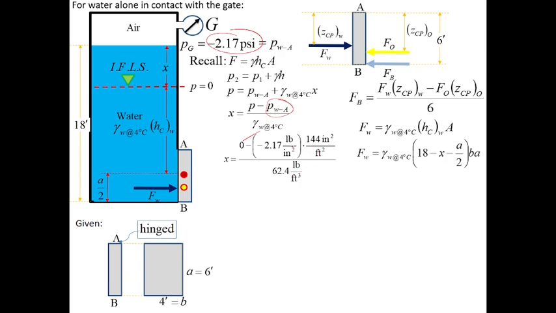So for every 144 square inches, that is 1 square foot, because 12 inches squared is 1 foot squared. 1 foot is 12 inches. So therefore, 12 inches squared is 144 square inches per square foot.